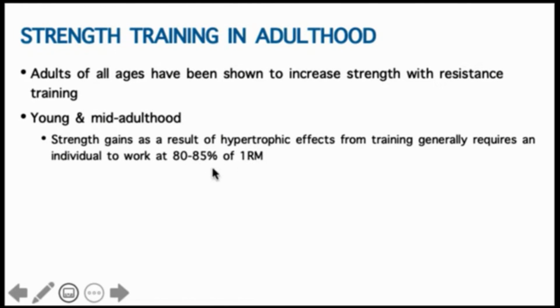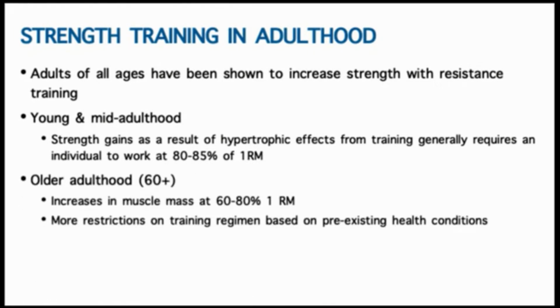of our 1RM. So higher intensity strength training, right? But in older adults, we still see an increase in muscle mass and strength at a lower or moderate workload, about 60 to 80% of their 1 rep max. Generally, older adults have more restrictions on their training regimen based on pre-existing health conditions.